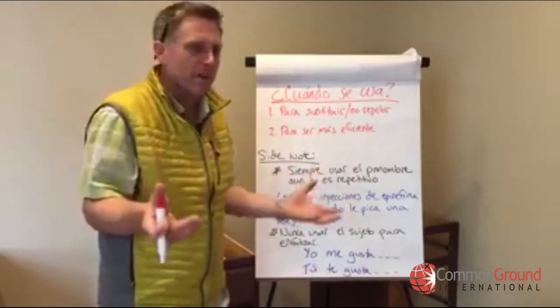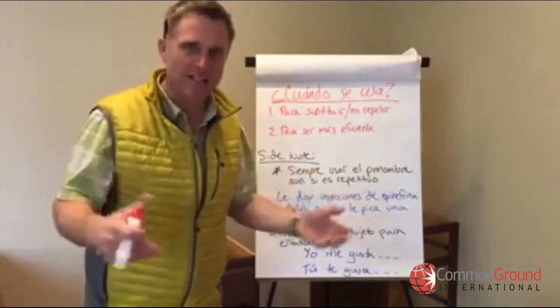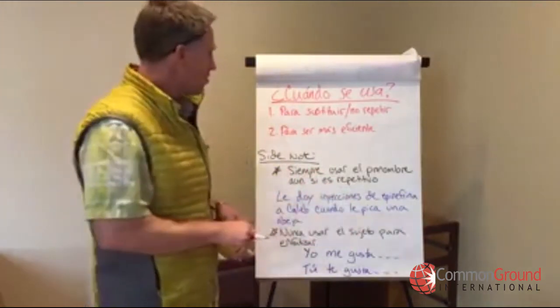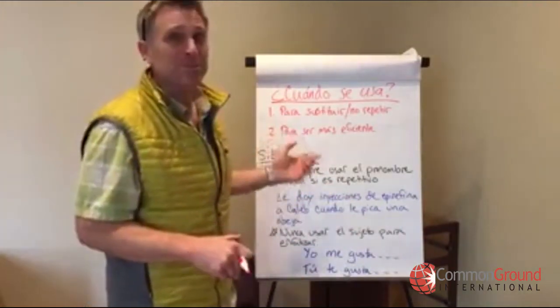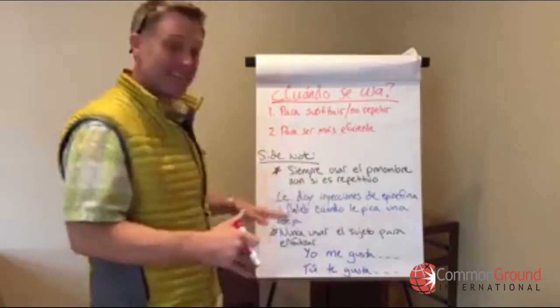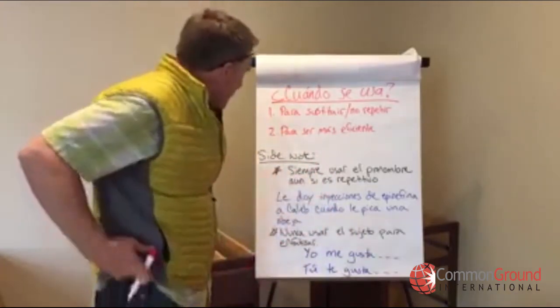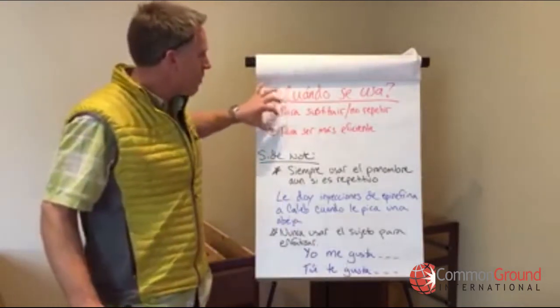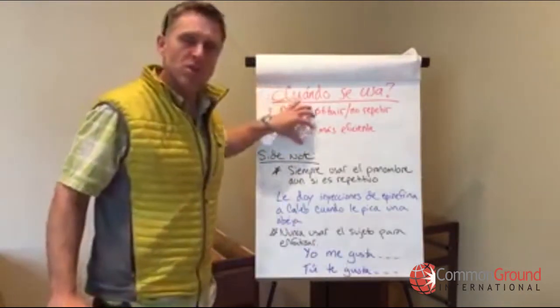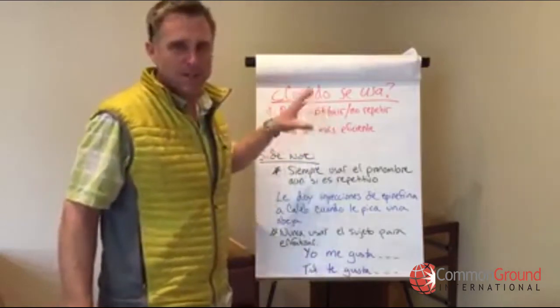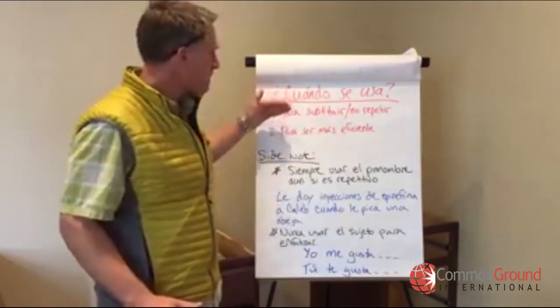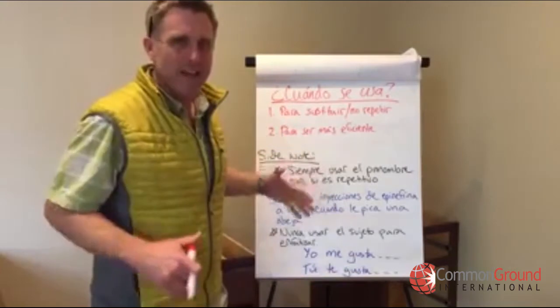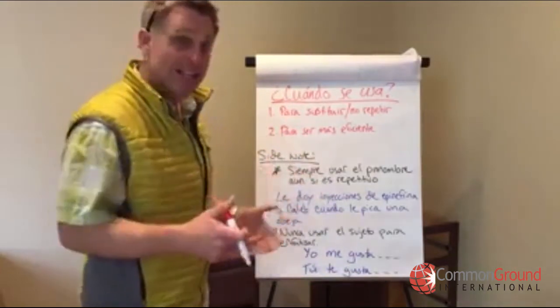That's just kind of one of the realities of language as a tool in communication, which is probably what makes long-winded people super annoying. Okay, bien, because they just keep talking and keep talking. All right, muy bien. So, those are the two momentos in which you would use the pronombre del complemento indirecto, to substitute or to be more efficient, and to just say it shorter and quicker and easier.